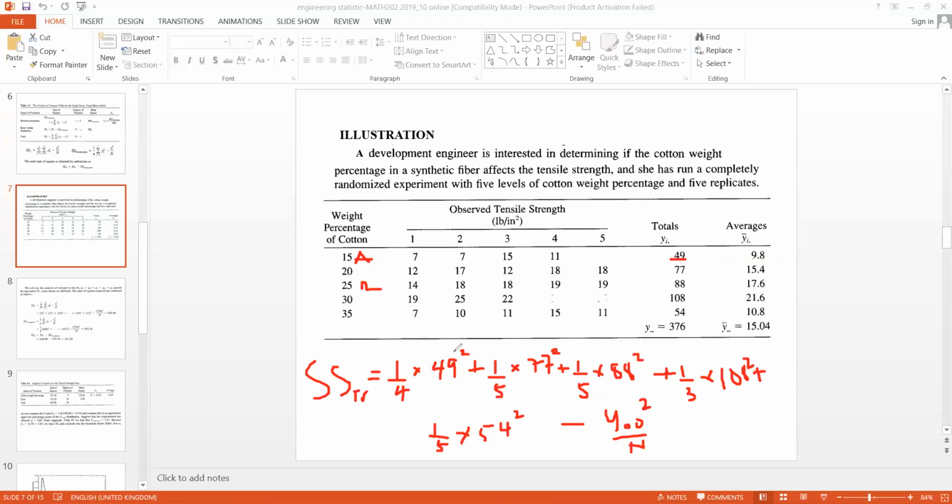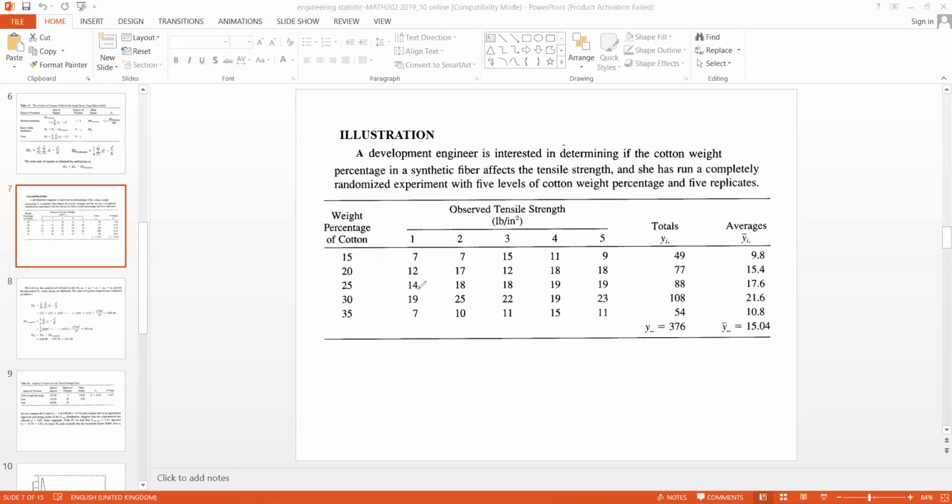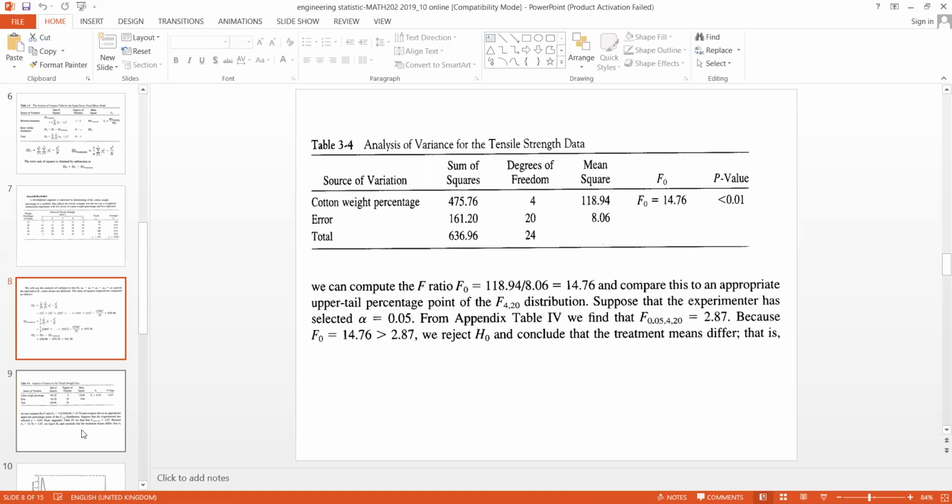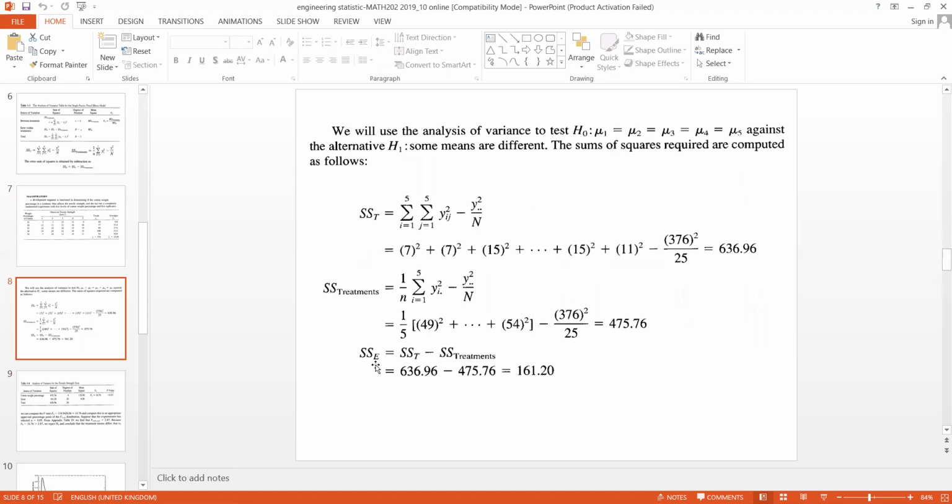But in the example we had initially, all the replicates are the same, so we proceed to apply the formula. It is 1/5 times the totals for the various rows, which is 49 squared plus... Once again, you don't need to write all of them.